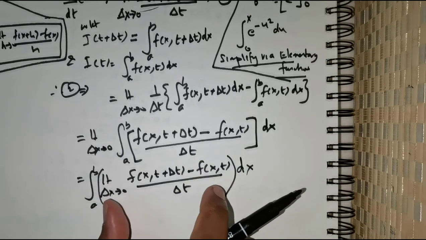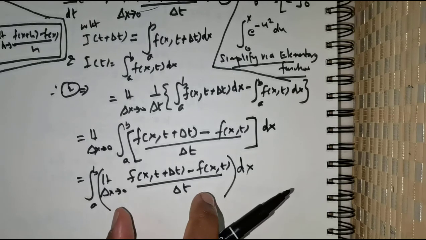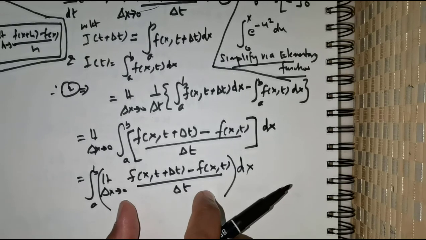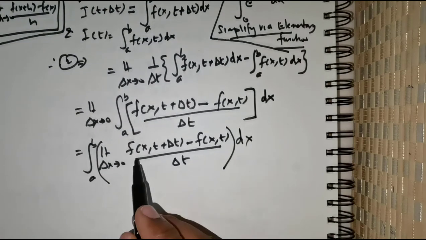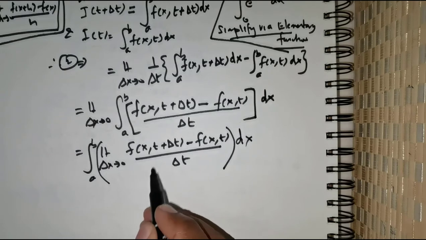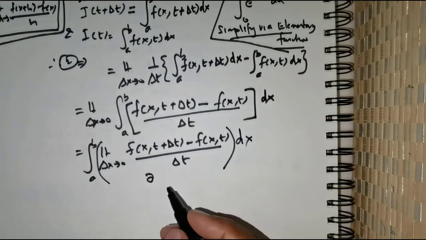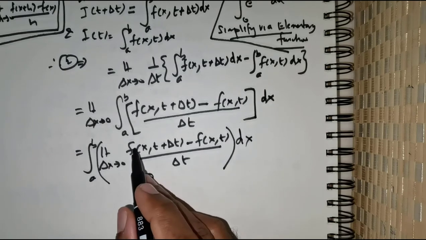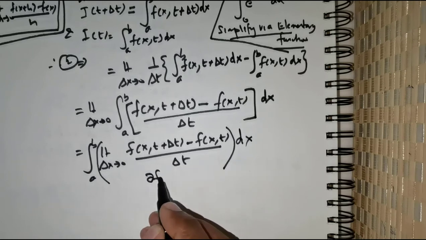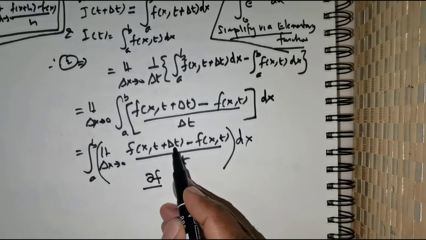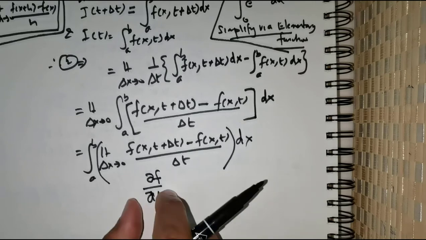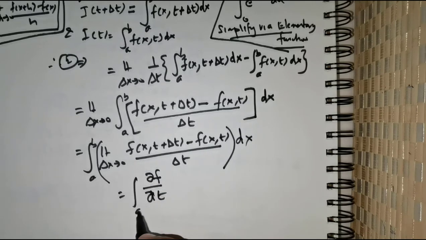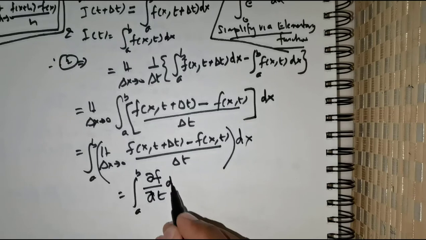Now what is this? This is the exact meaning of a derivative, using limit concepts. Since I have two variables x and t, I cannot use the total differential, so I will have to use the partial differential. Since the given function is f, and the increment is occurring for t, this has to be dou f over dou t, with the integral sign from a to b and the operator dx.